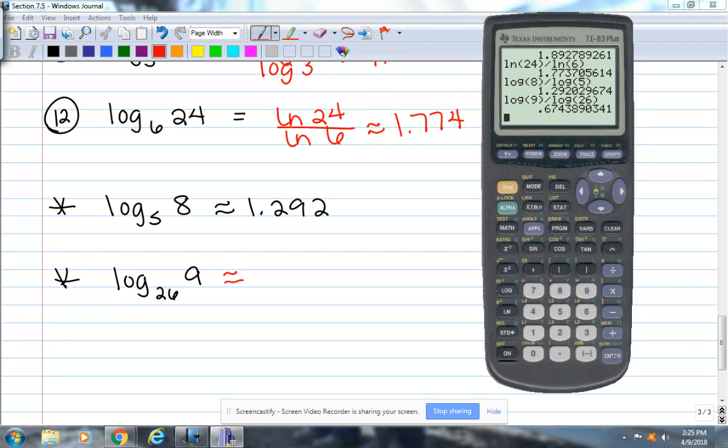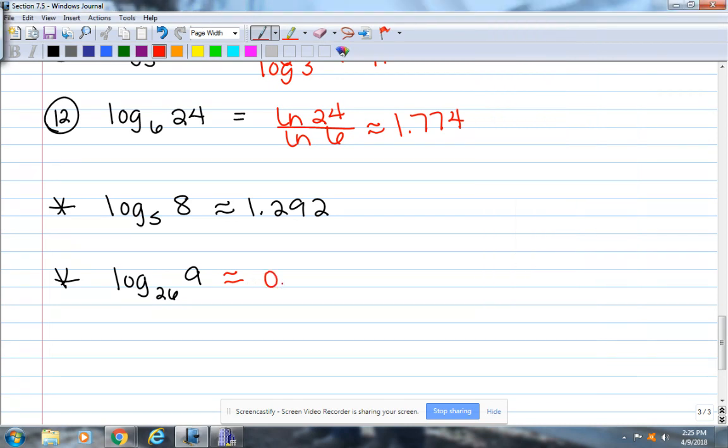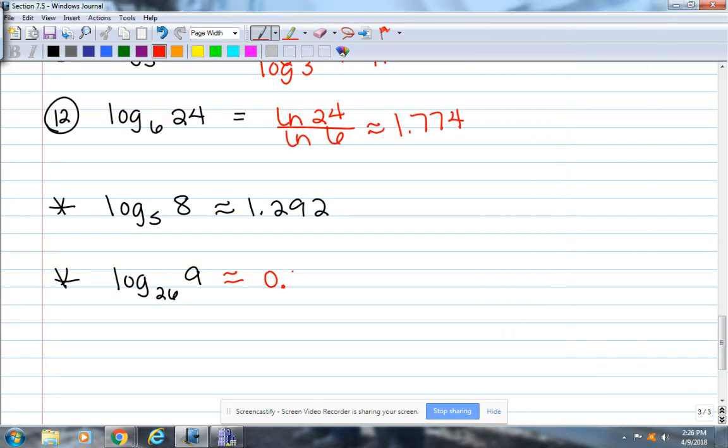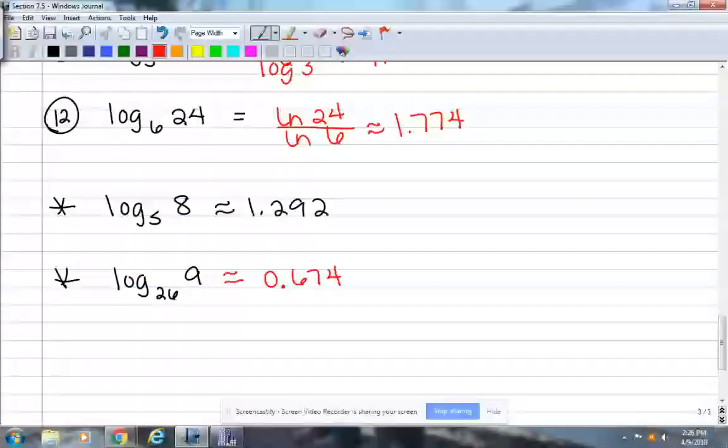What'd y'all get? 1.674. Yep. Did you do 9 divided by 26? Nope. It's always base goes on the bottom. 0.674. Base goes on the bottom. No matter which one's bigger or smaller, base goes on the bottom.